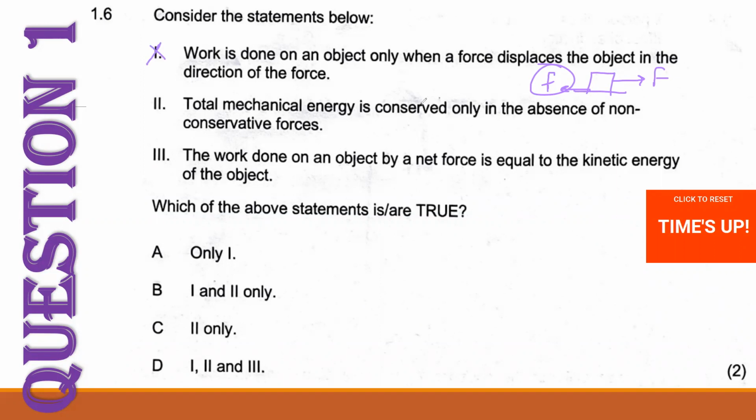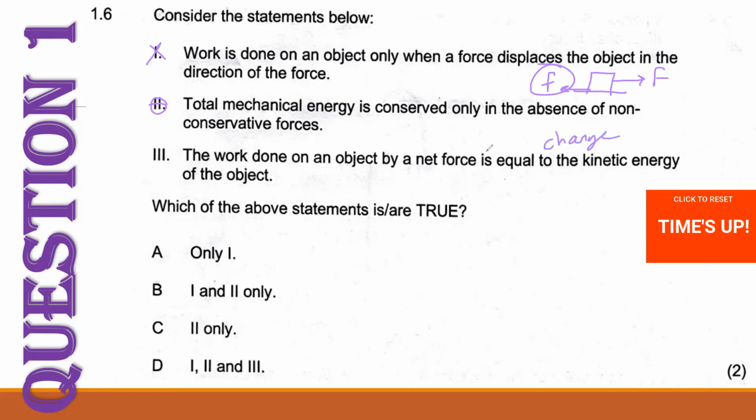Total mechanical energy is conserved only in the absence of non-conservative force. Yes, because total mechanical energy is the same if you don't have friction force. All right, so this one is correct. And the work done on an object by a net force is equal to the kinetic energy of the object. It looks correct, but we are forgetting about change here. Change in kinetic energy.